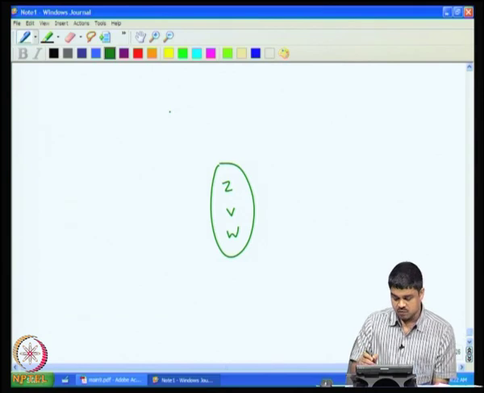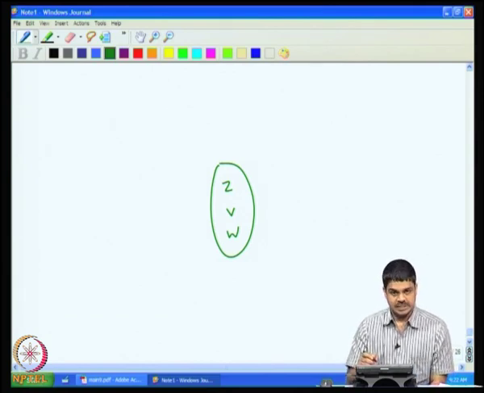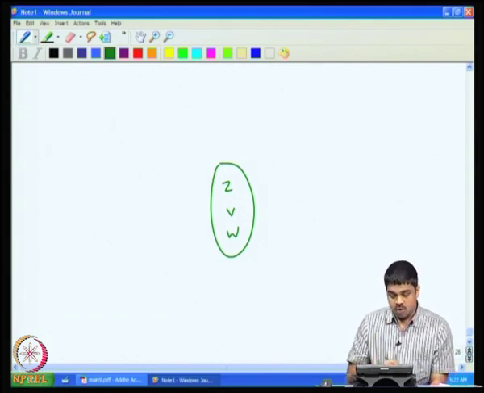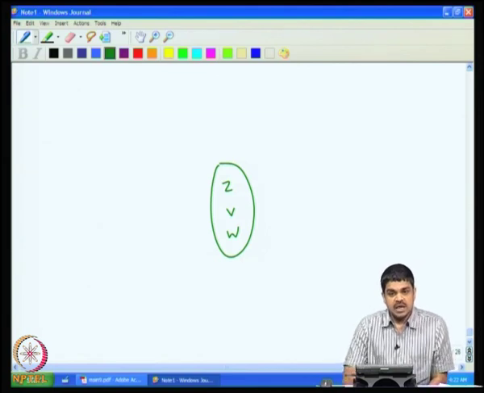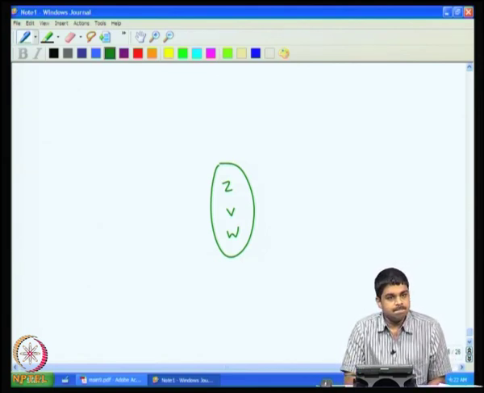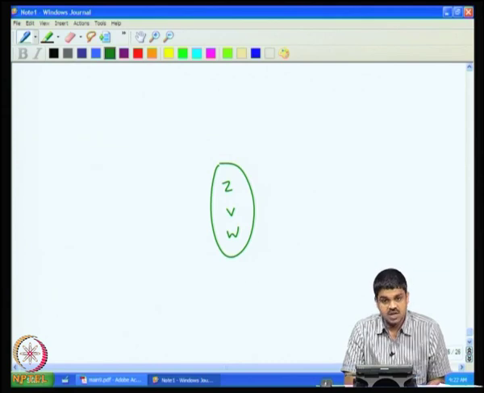Now, I want to see what will happen to my component C. Of course, the component C cannot become smaller at all.